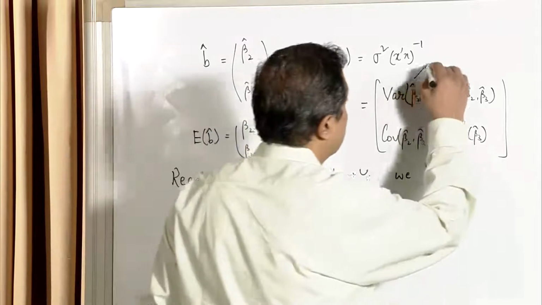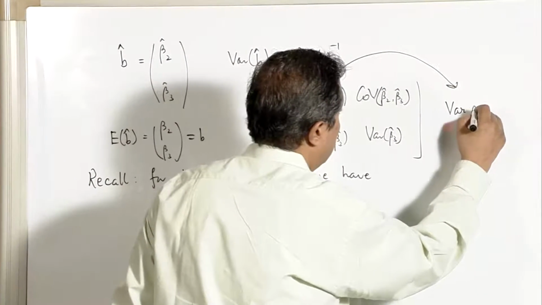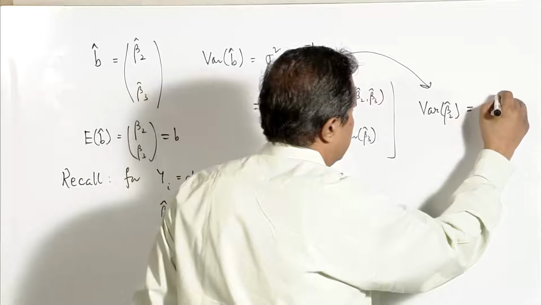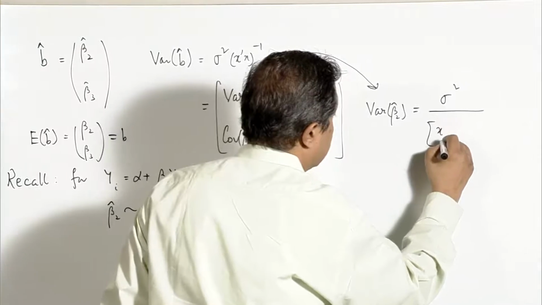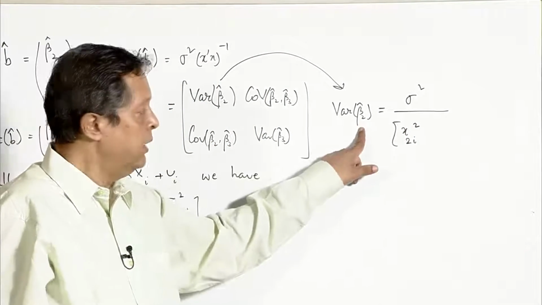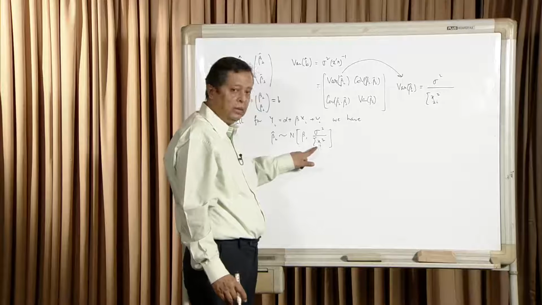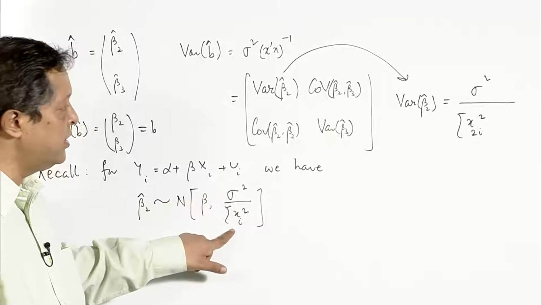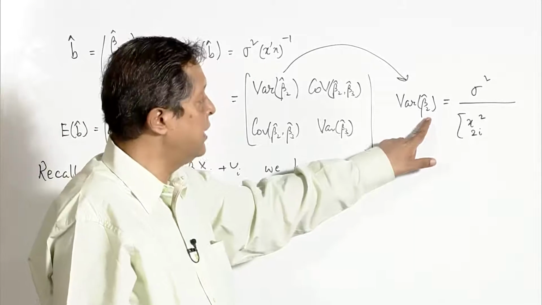Correspondingly, here we will have variance of beta 2 hat in the three variable model given as sigma square divided by summation x 2i square, because beta 2 is associated with x 2. In the single explanatory variable model, we had only one x, so this is just x, but in the three variable model we have beta 2 and beta 3, that is x 2 and x 3.